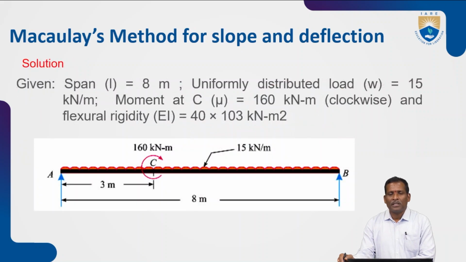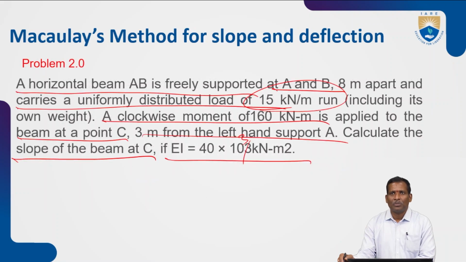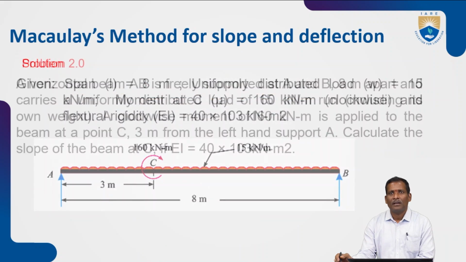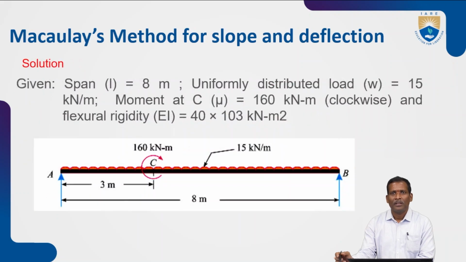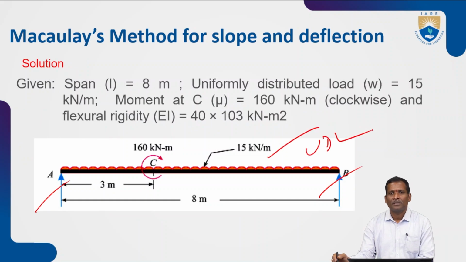First of all, we will see the diagram. The beam AB is freely supported at A and B, with an 8 meter support length and a uniformly distributed load of 15 kilonewton per meter. So the total span is 8 meters.